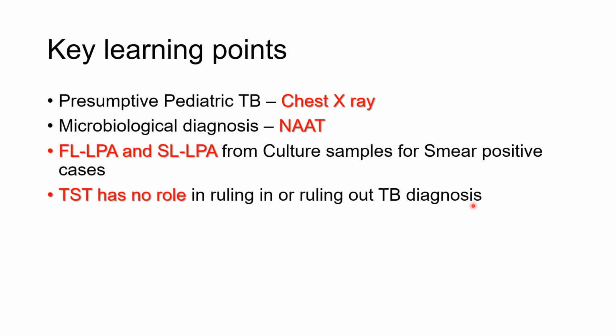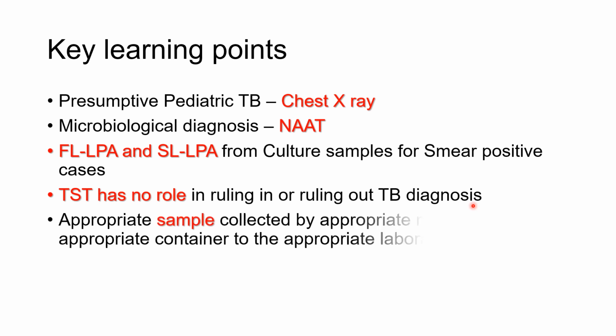All it tells us is that the patient has tubercle bacilli in the body either now or previously. It has the same connotation as having a positive contact history with tuberculosis, and an appropriate sample collected by appropriate methods sent in an appropriate container to the appropriate laboratory will help us in diagnosing pediatric tuberculosis reliably.